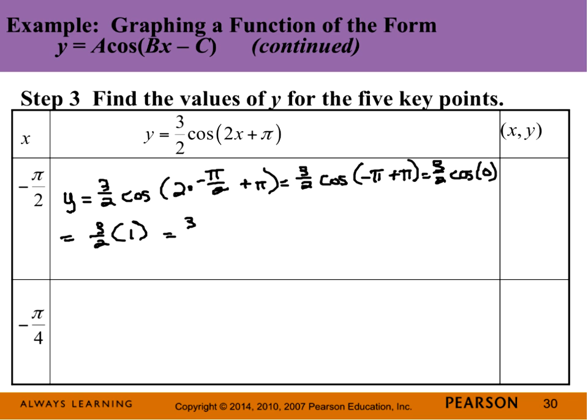The cosine of 0 is 1, or 3/2. So this is the point negative pi over 2 and 3/2.